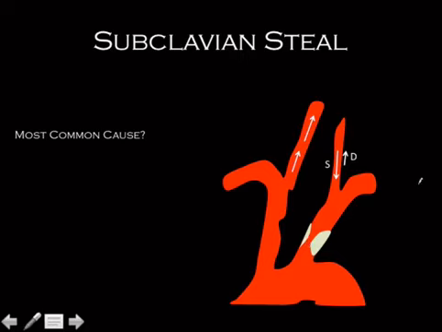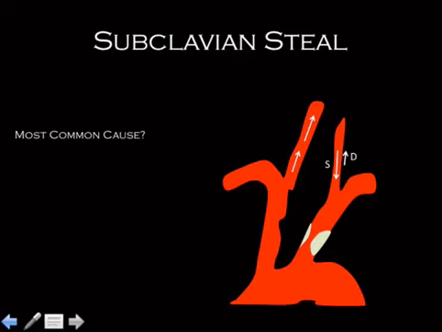This part of the body over here still needs blood, and because of that, it's basically stealing. The subclavian is stealing out of the vertebral during systole, and then in diastole it's passively going back up.